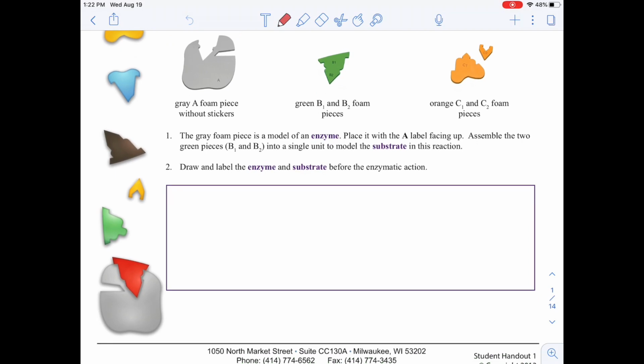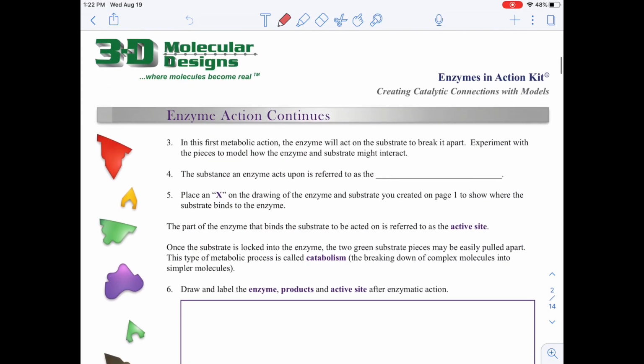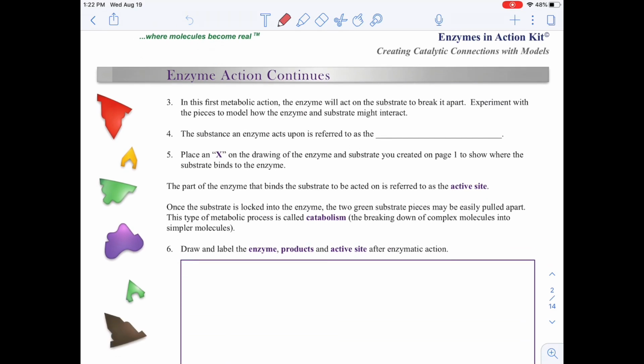Alright, now that you've drawn and labeled the enzyme and substrate, it says in the first metabolic action, the enzyme will act on the substrate to break it apart. Experiment with the pieces to model how the enzyme and substrate might interact. So our first thing that the enzyme is doing is it's going to break apart our substrate. Remember, the substrate is the green thing.